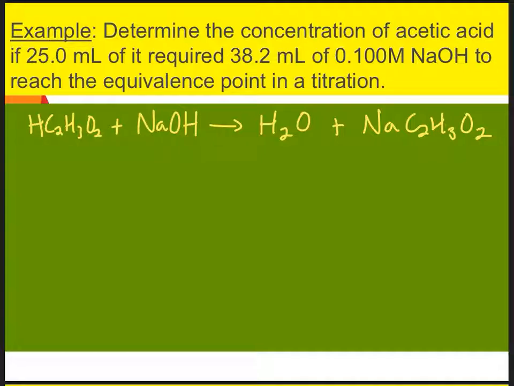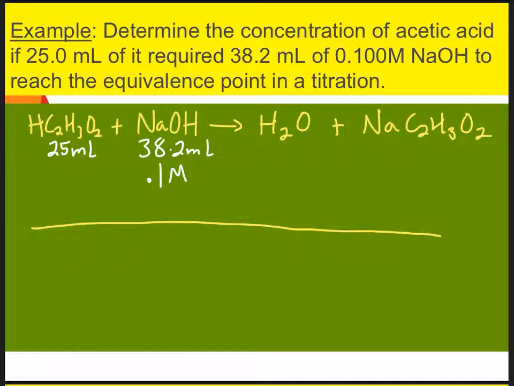So I'm going to write what I'm given. Determine the concentration of acetic acid if 25 milliliters of it required 38.2 milliliters of a 0.1 molar solution. So 25 milliliters required 38.2 milliliters of 0.1 molar to reach the equivalence point. Alrighty, so here we go. Here's my dimensional analysis.